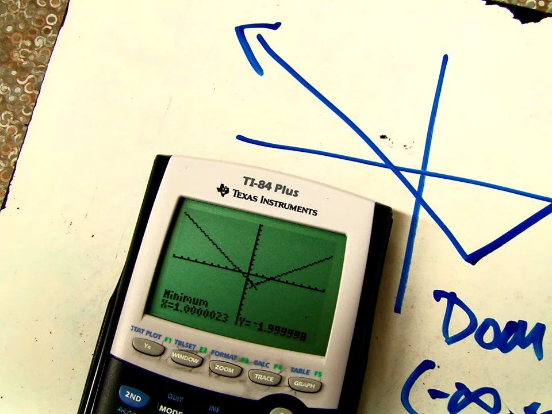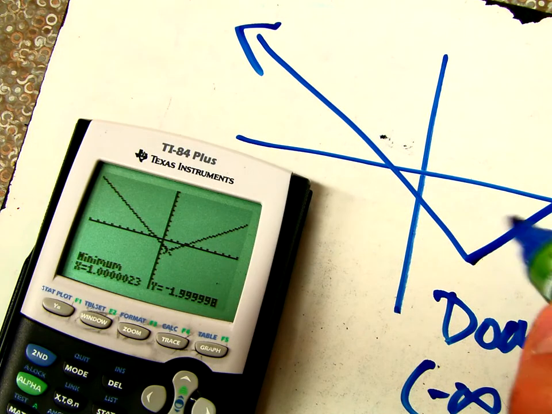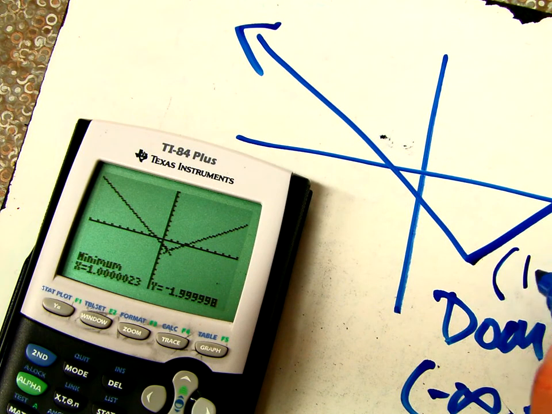When it gives you something like this, you need to recognize that it is not 1.000023. The x value is actually 1. And the y value, 1.99998, is actually negative 2.